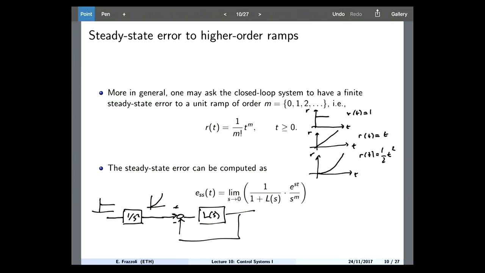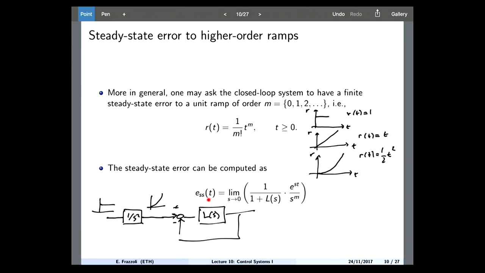My steady state error will be computed by computing this limit. Notice that e to the power st, when I take the limit, will just become 1, so you can disregard it.